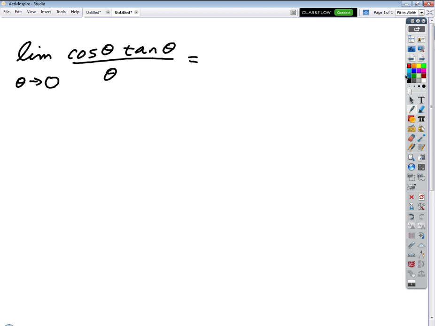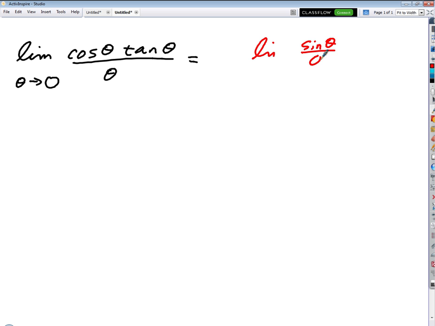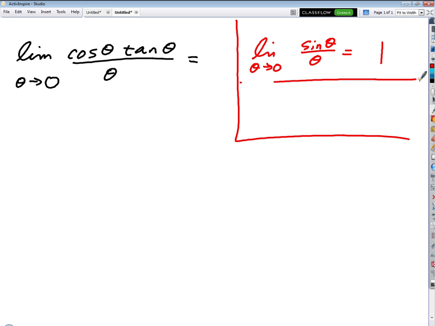The limit of sine theta over theta as theta approaches 0 equals 1. That's the heavy hitter, the one you use most of the time. The other one you can derive from that, but it's good to know. The other one is the limit of 1 minus cosine theta over theta.